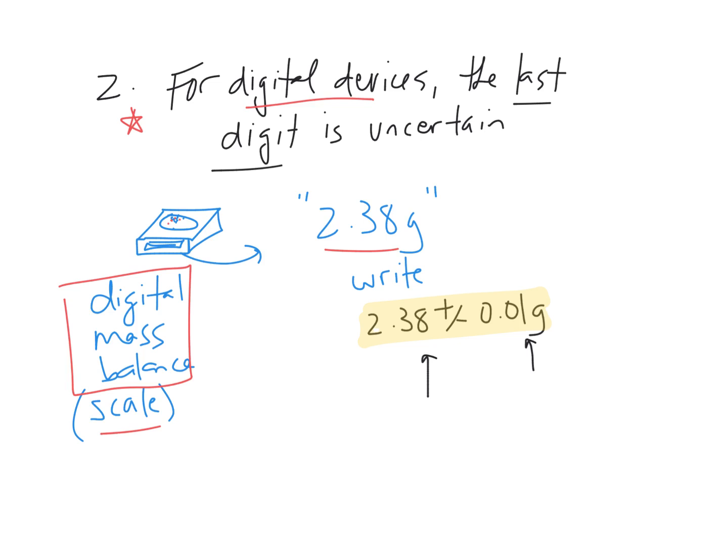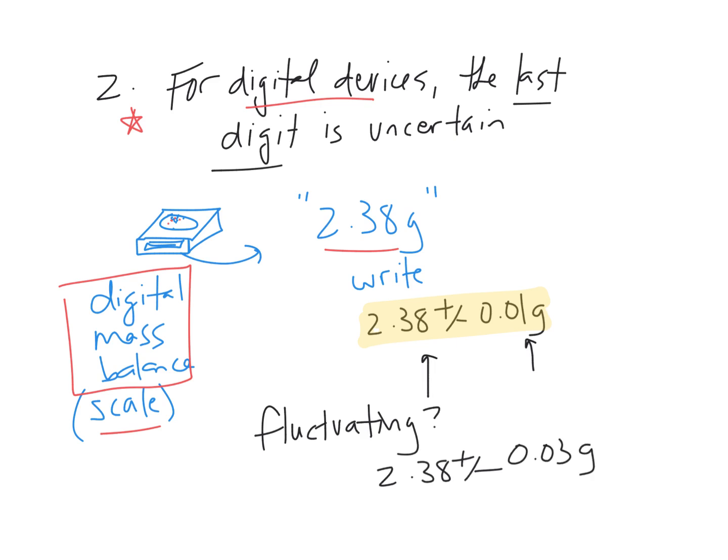So if you see it fluctuating a lot, you can also increase the uncertainty that you assign, because you can represent that fluctuation. So maybe the 2.38 was kind of a middle value, but I'm going to assign a little bit more. I'm going to say it was actually more like plus or minus 0.03 grams based on the fluctuation.